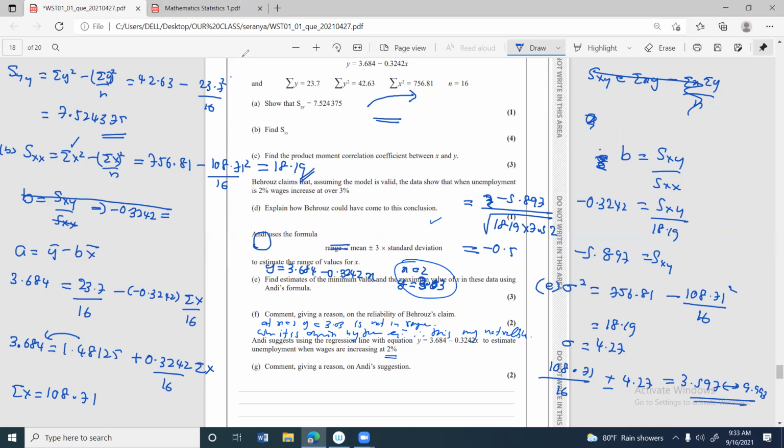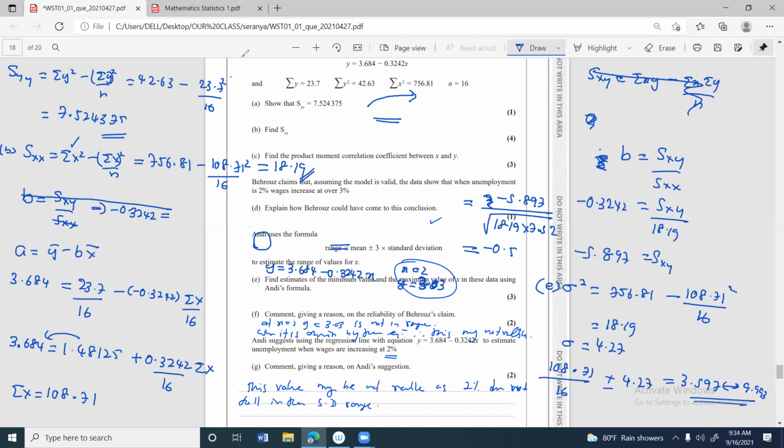So in this case, the suggestion may be not reasonable, as 2% does not fall into the standard deviation range.